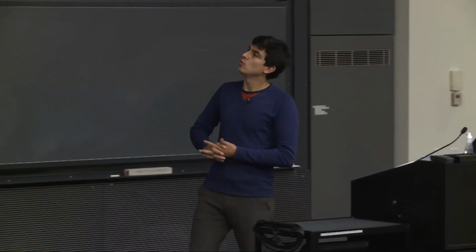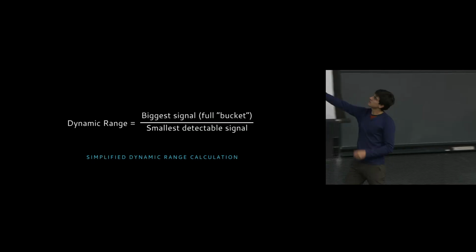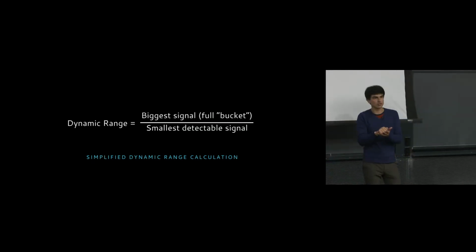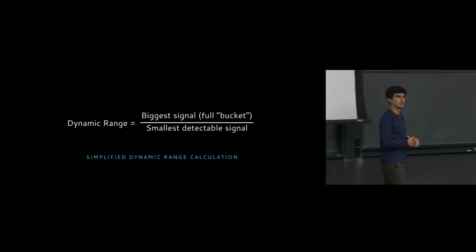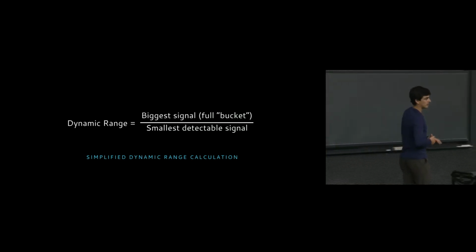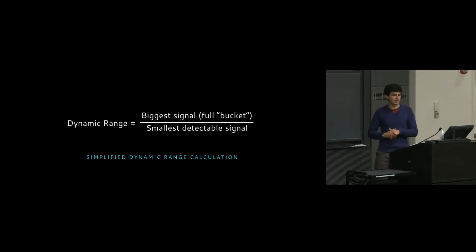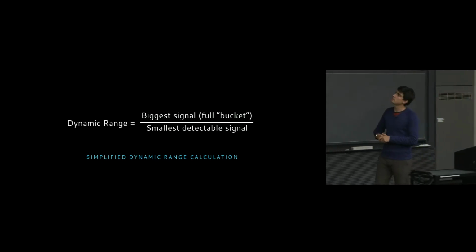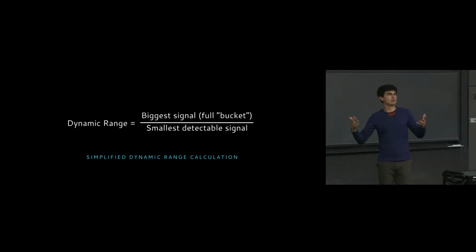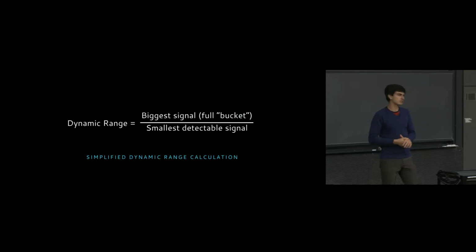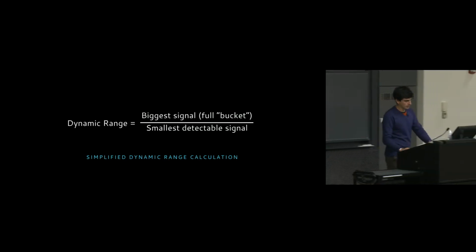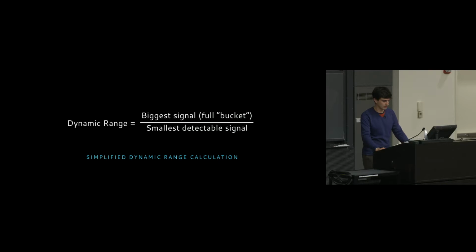And the better that those measurements can actually be at detecting the number of photons, we can, in fact, make the smallest detectable signal even smaller and increase the dynamic range of our camera. Another way that we can increase the dynamic range would be to make the full bucket even bigger. So there's a variety of ways that we can, in fact, change the dynamic range in a camera. And we'll talk more about this in just a moment.